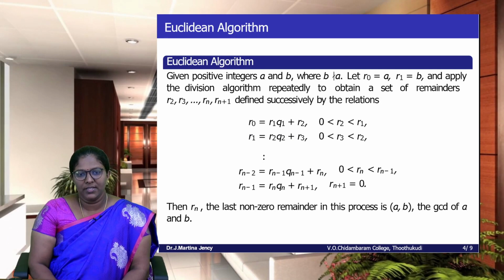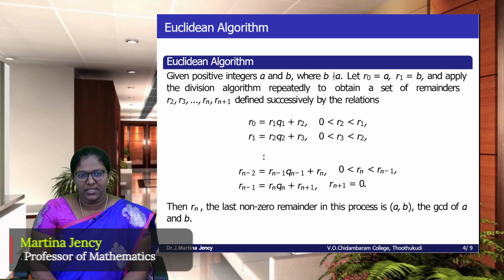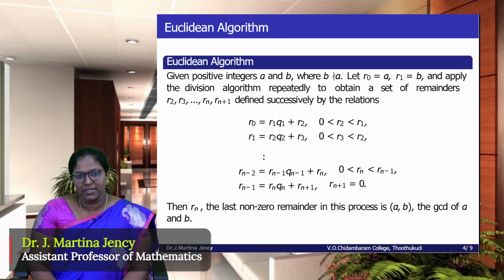So here comes the Euclidean algorithm. The Euclidean algorithm states that given positive integers a and b, where b does not divide a, let r0 equal a and r1 equal b, and apply the division algorithm repeatedly to obtain a set of remainders r2, r3, etc., up to r(n+1).